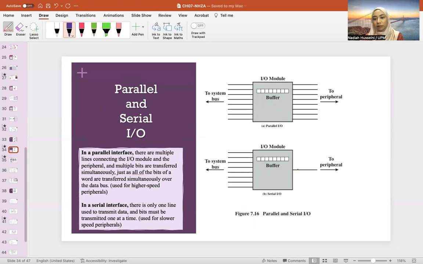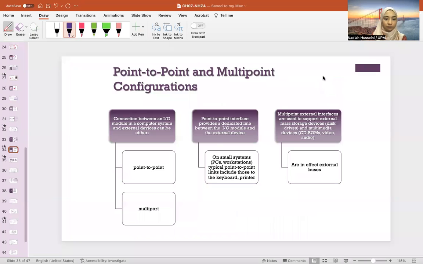And for a serial, you have one. So serial interface is used for slower speed peripherals, basically like a printer. I keep using printer because it is slow. And then for this one, if we want to handle a high speed device, basically you want a lot of data to go through. Okay, so you have two types, parallel and serial.